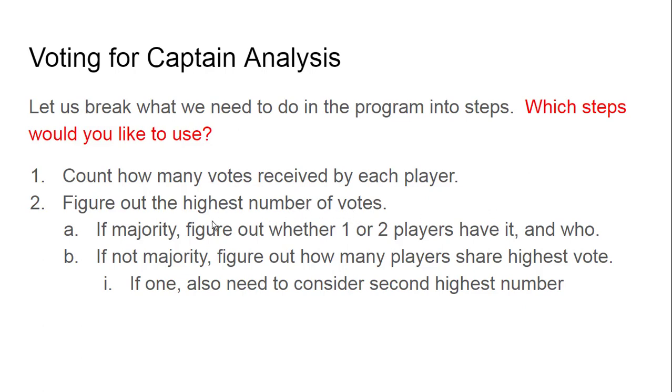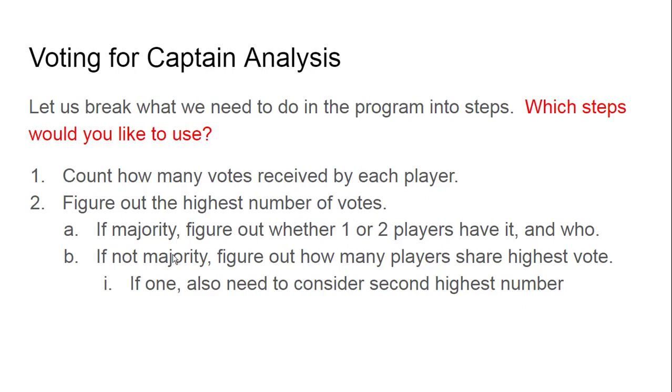If that number turns out to be a majority, so greater than or equal to at least half or more, then we just need to figure out whether we have 1 player receiving that number or 2 players, and who they are, and output that information.